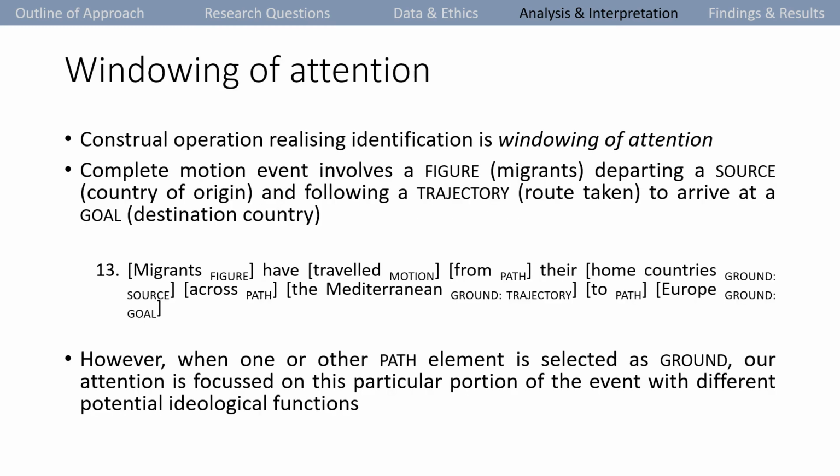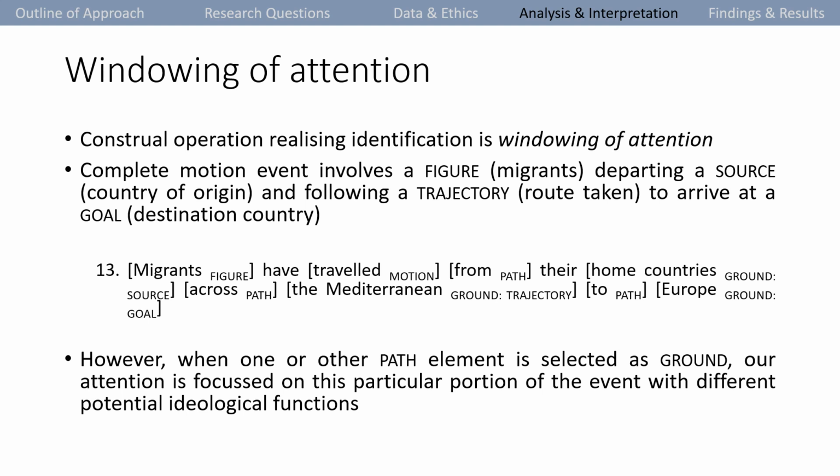One construal operation realizing an identification strategy that is related to the motion event itself is windowing of attention. The complete motion event inherent in the process of immigration involves a figure departing a source, the country of origin, and following a trajectory, the route taken, to eventually arrive at a goal, the destination country.